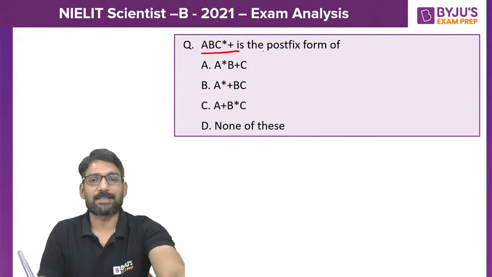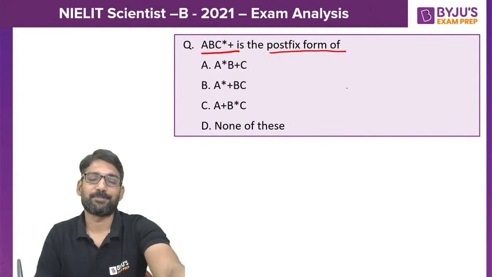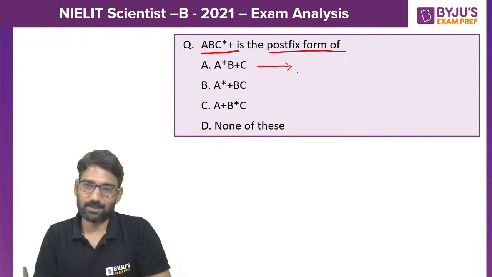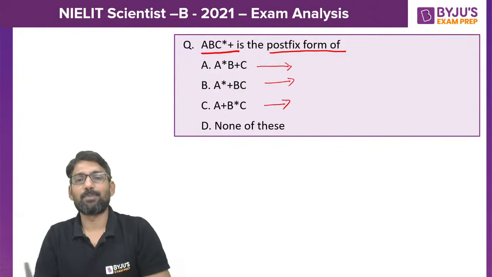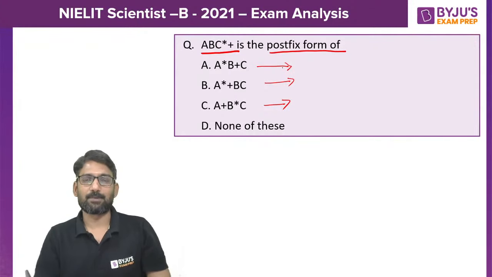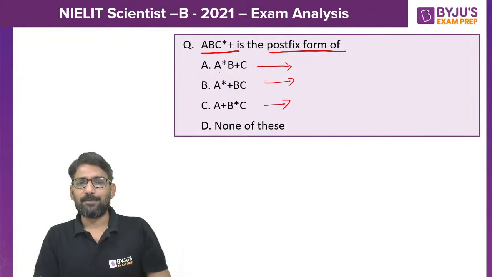ABC star plus is the postfix form of... actually you have to do postfix to infix conversion, but you might not be prepared for postfix to infix conversion, as we all are preparing only infix to postfix conversion and postfix evaluation majorly. So let us apply on every option. If A star B plus C you have got, then what would be the postfix form?